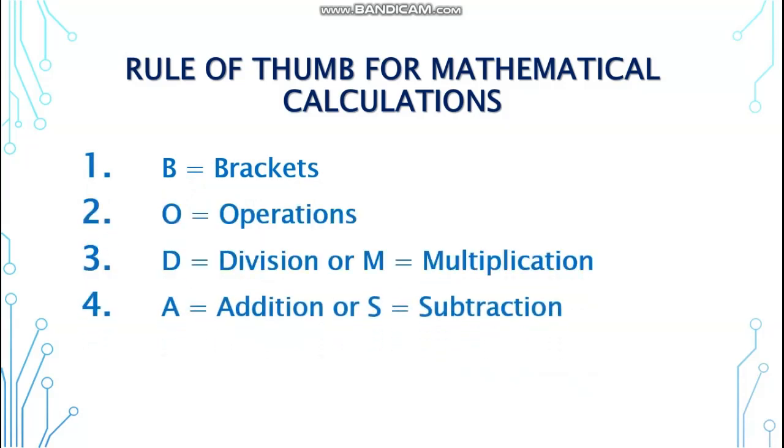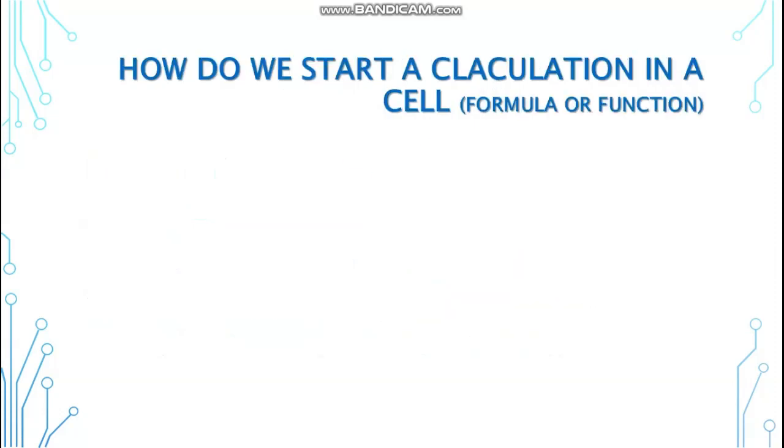The sequence of solving a mathematical calculation is first brackets, then of, then division or multiplication depending on whichever comes first from left to right, then addition or subtraction, again depending on the sequence from left to right in your equation. Remember the rule of BODMAS.